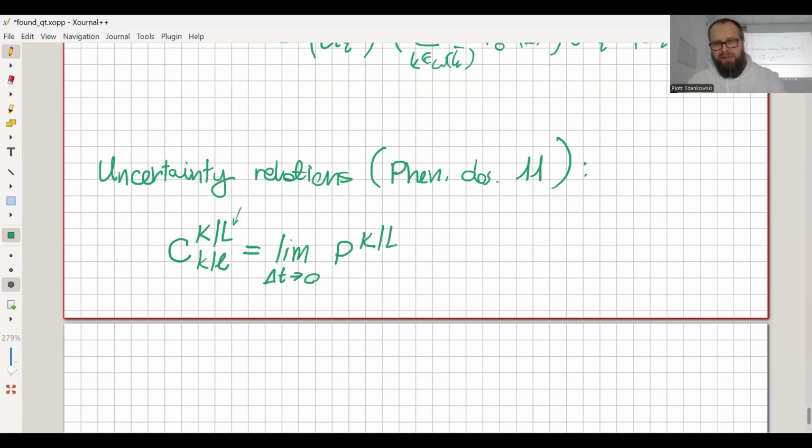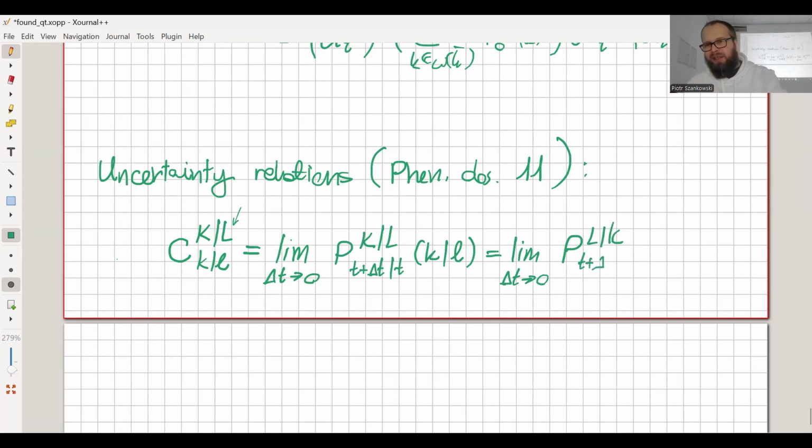C_kL(t+delta t, t) = kL, which actually is the same as doing the sequencing the other way around, Lk(t+delta t, t).